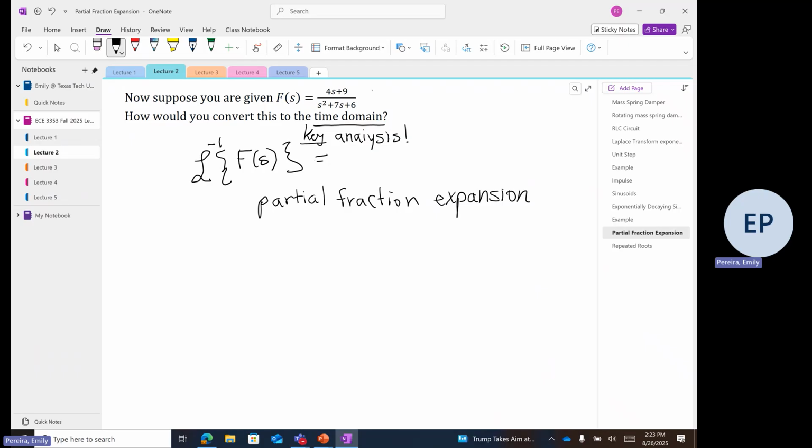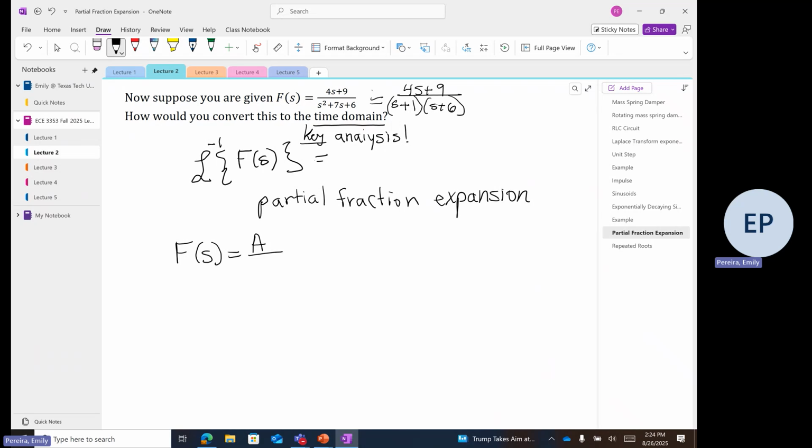All right, so to start, we're going to assume that F(s) can be written as (4s + 9) over, if we factor the bottom, (s + 1)(s + 6).